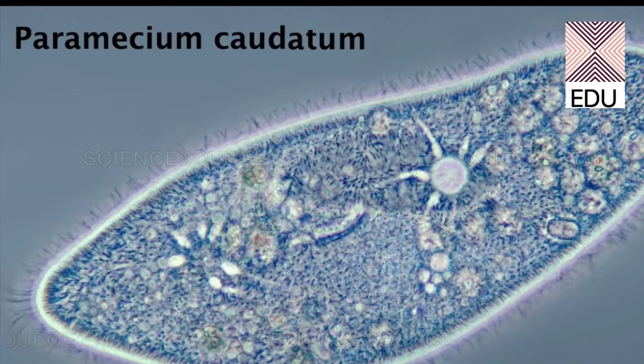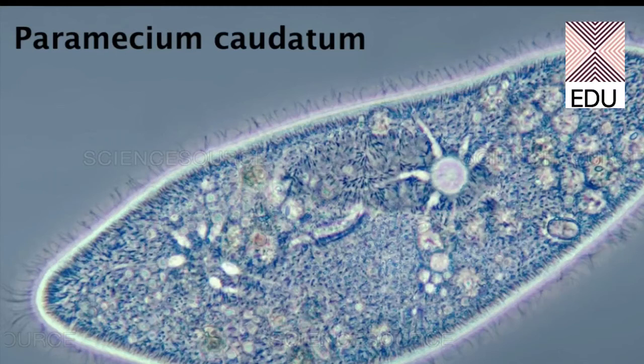But the nuclei are not of the same size. One nucleus is bigger than the other. The bigger nucleus is called the macronucleus and the smaller nucleus is called the micronucleus.